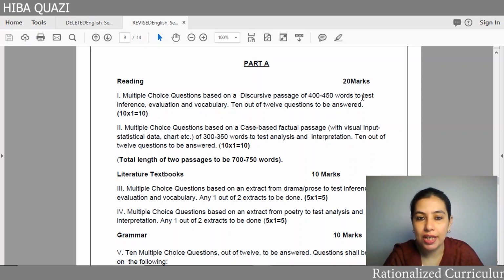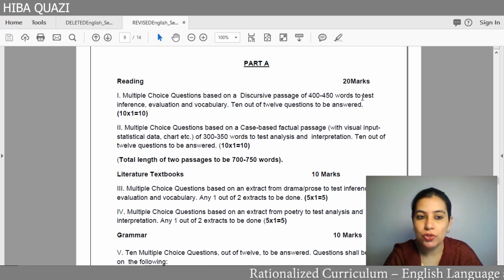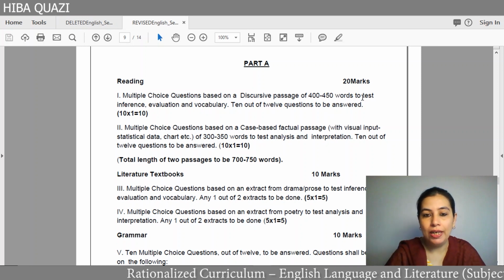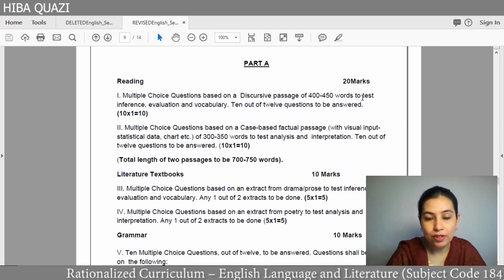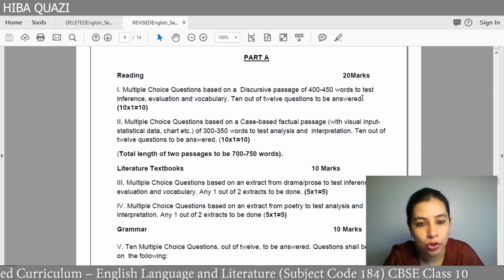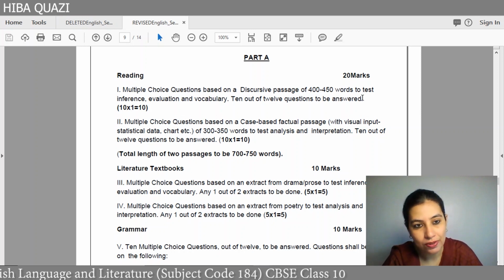We have part A carrying a weightage of 20 marks, beginning with question number 1 under the reading section. It is going to be a discursive passage which discusses drawing an inference, drawing a conclusion, evaluation on something that we discuss in the passage.